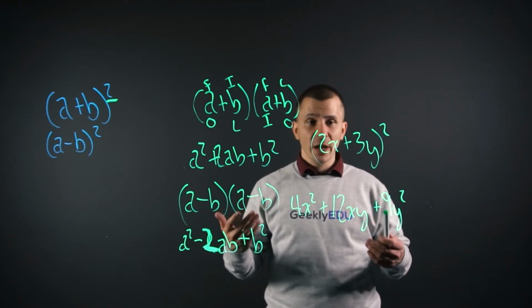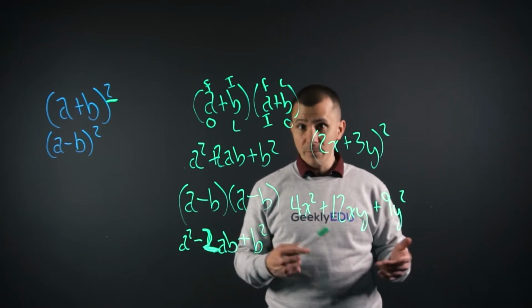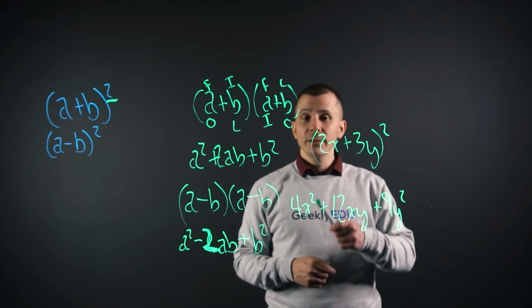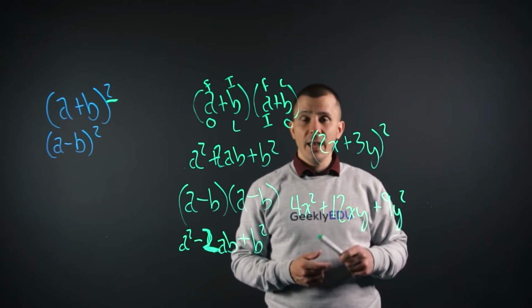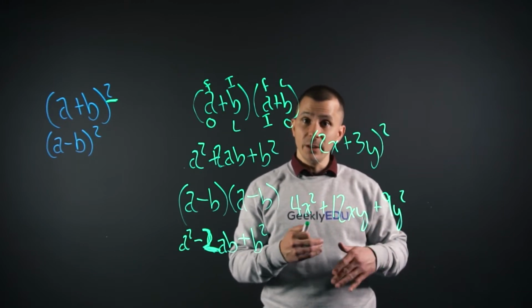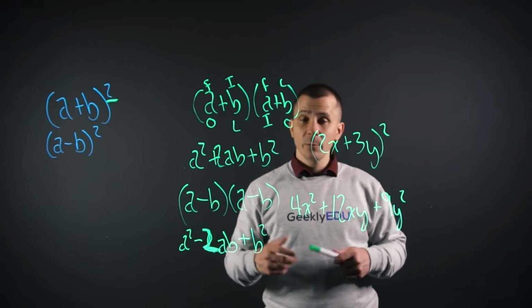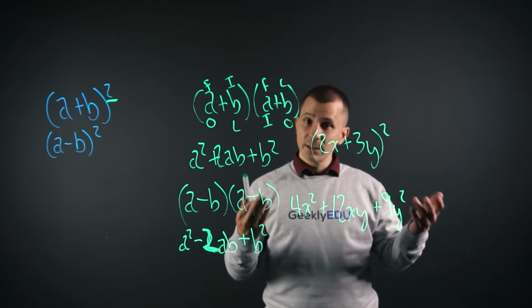The only thing that's changed here is that we've added a number in front of our variables. So our 2a times 2a becomes a 4a squared, as a times a needs to be a square, right? And 3 times 3 is going to be 9, and we're going to end up also with a y squared.